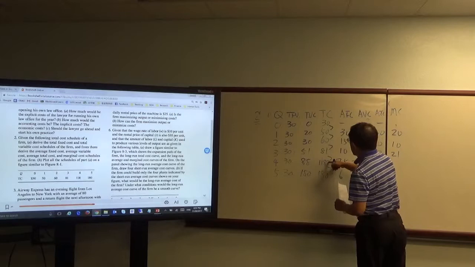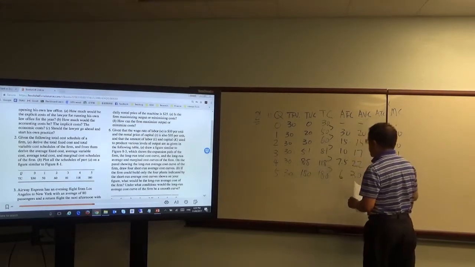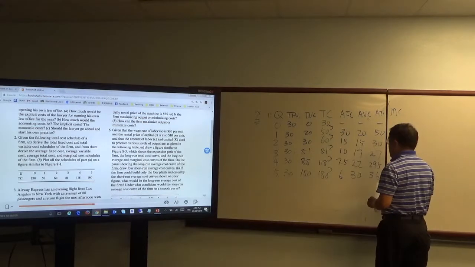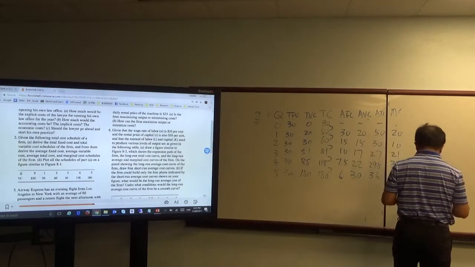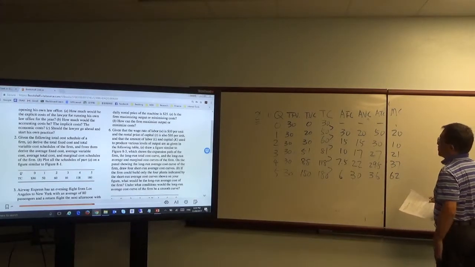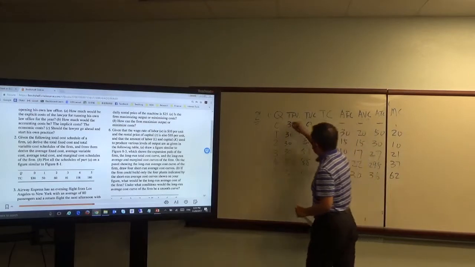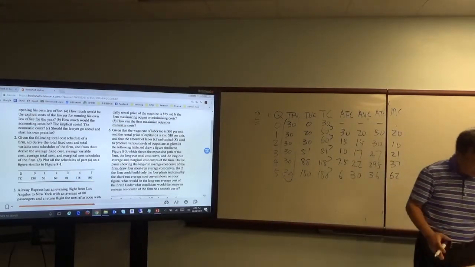Marginal cost is 37. And marginal cost is 62. But the key here is you find the total fixed cost.